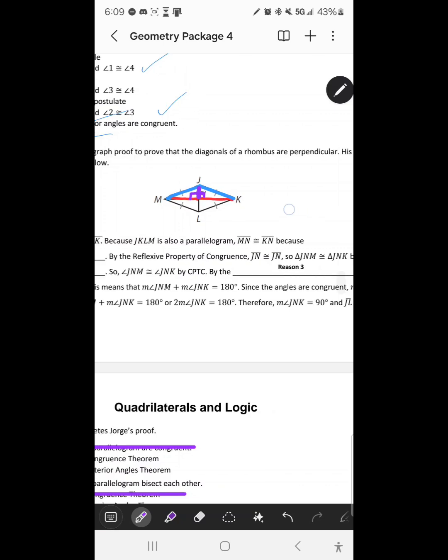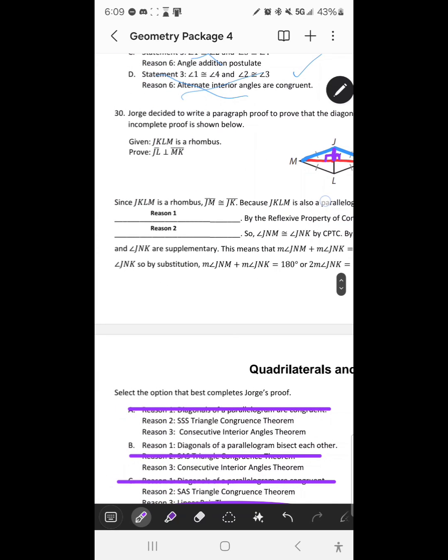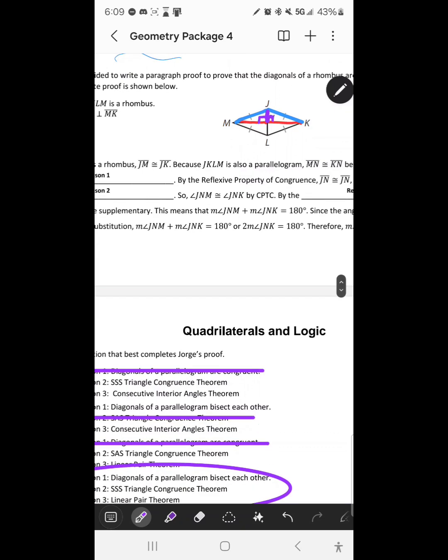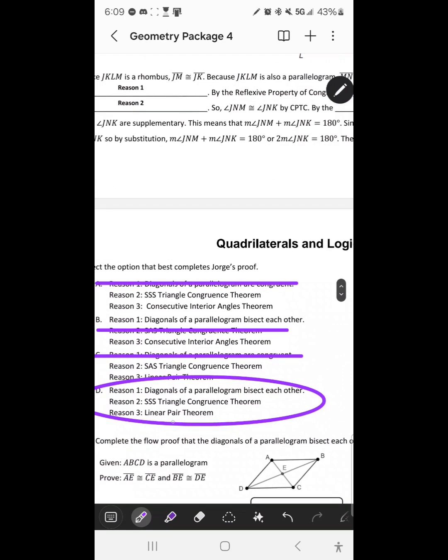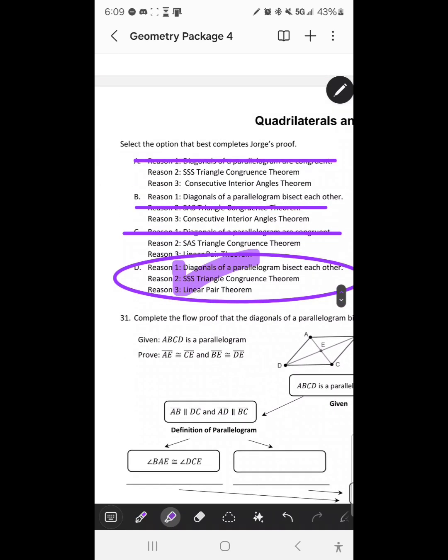Now, by the linear pair theorem, angles JNM and JNK are supplementary. The linear pair theorem says that two or more angles over a line add up to 180 degrees, which is the same as saying supplementary. So we have it here, and we just confirmed that D was our answer.